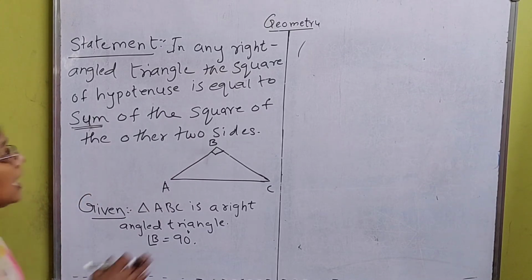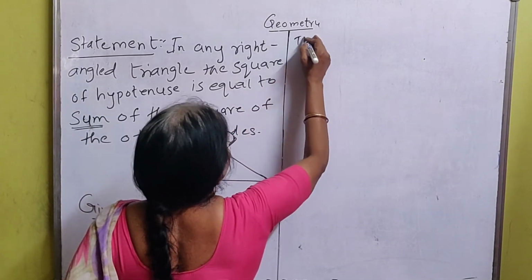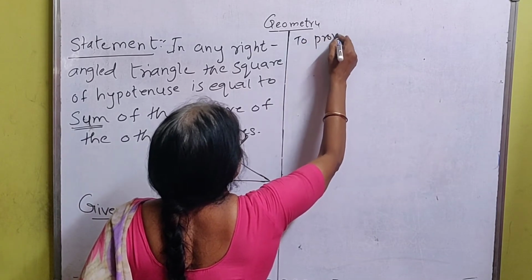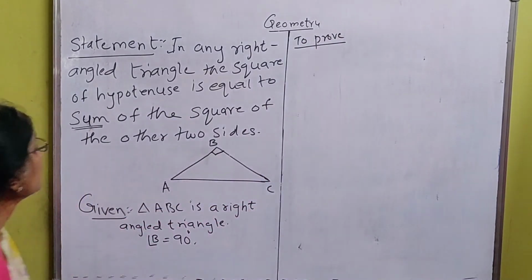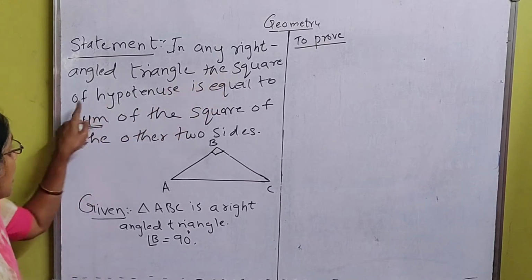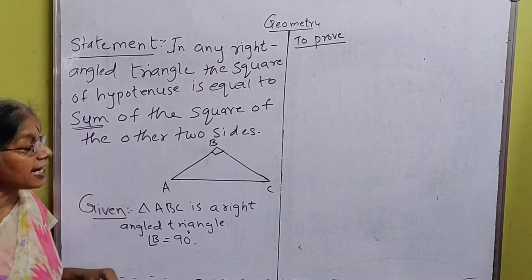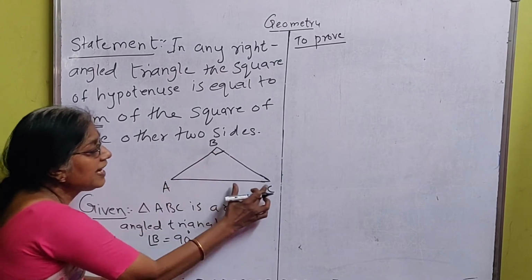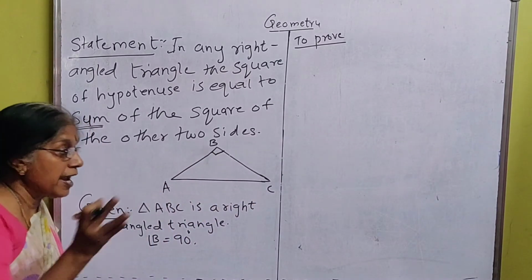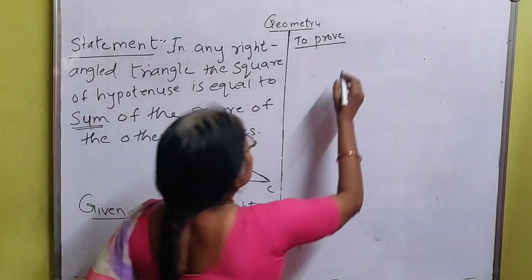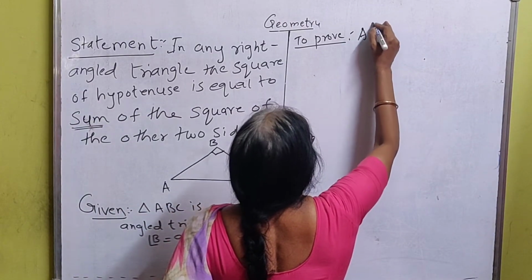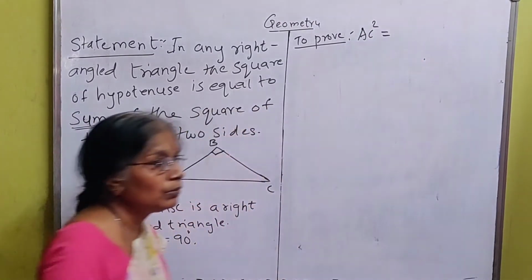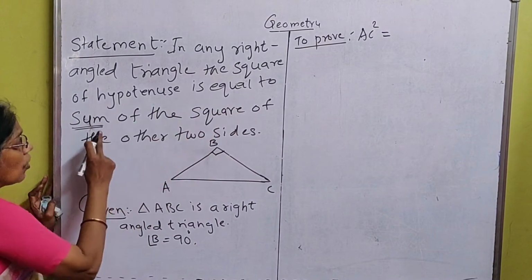After given, we have to go to prove. What you have to prove? Square of the hypotenuse. Okay children, I told you which is the hypotenuse. Angle B is 90 degrees. So which is the hypotenuse? AC is the hypotenuse. The square of the hypotenuse, so AC square is equal to what?